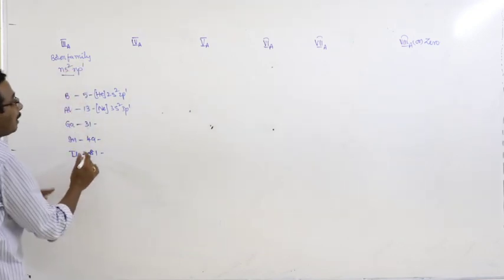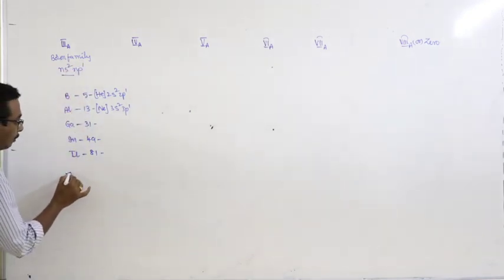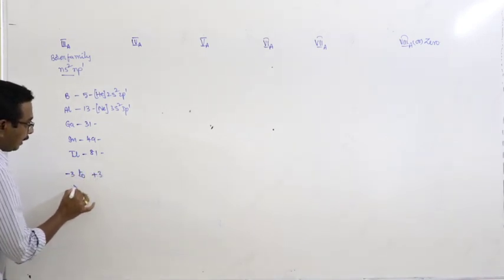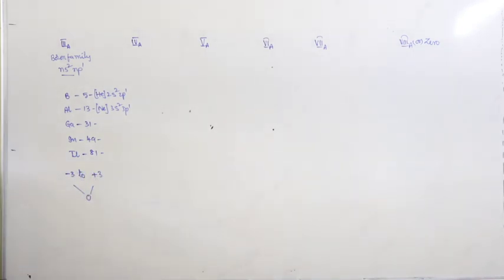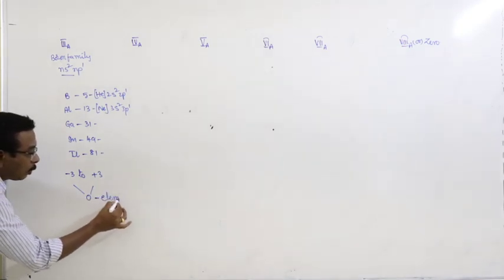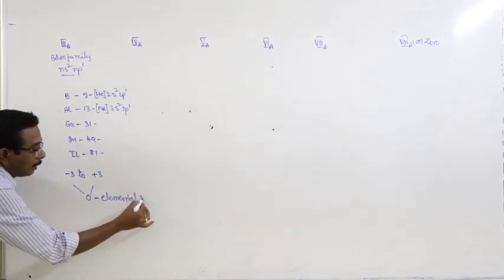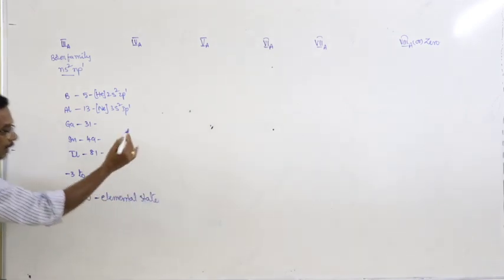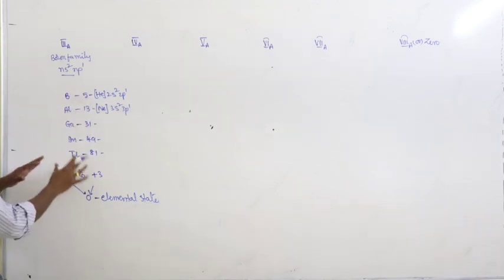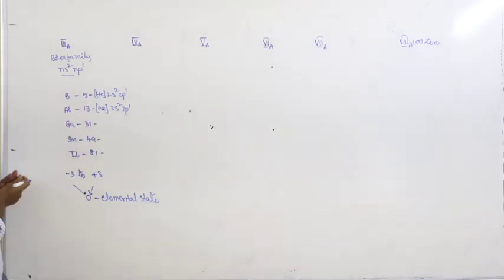And 3A group elements exhibit the oxidation state from -3 to +3, including 0. In the elemental state, the oxidation state shown by the elements is 0. Okay, this is about the boron family.